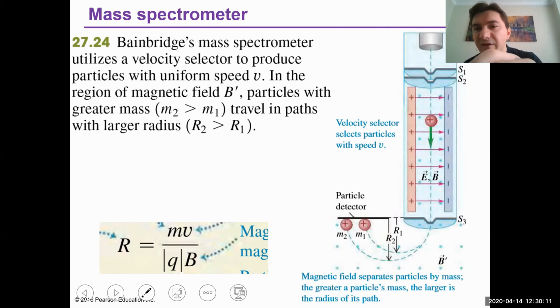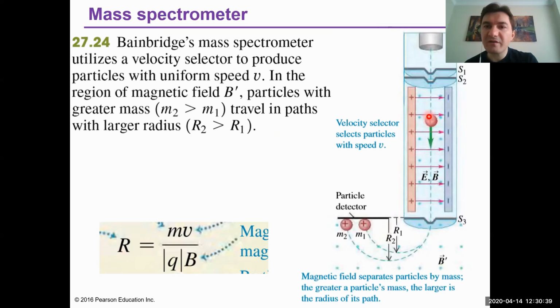So here we have a source of charge, positive charges are produced here, and they are traveling with some certain velocity v. And here we have a positively charged plate, a negatively charged plate, and an electric field in that direction. And we have a magnetic field from the screen toward us, okay? The dots here show the direction of the magnetic field.